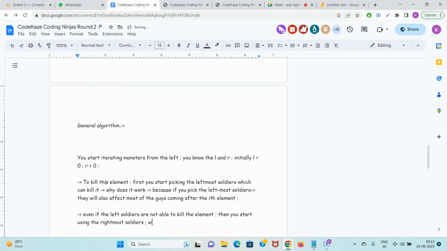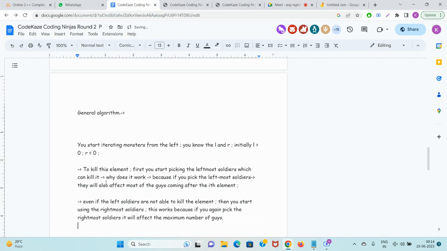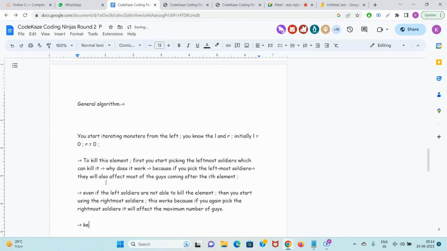Why this works? Because if you pick the rightmost soldiers, it will affect the maximum number of guys.